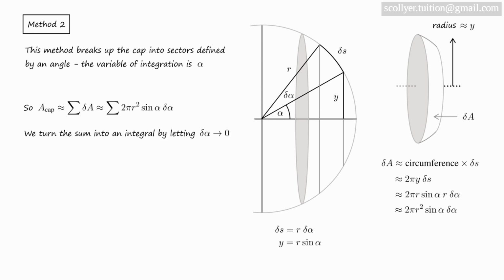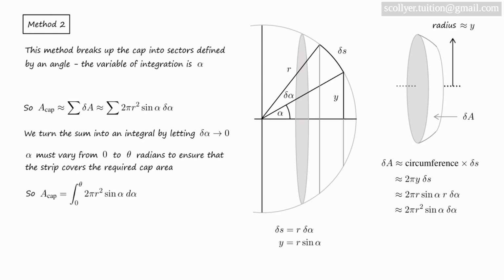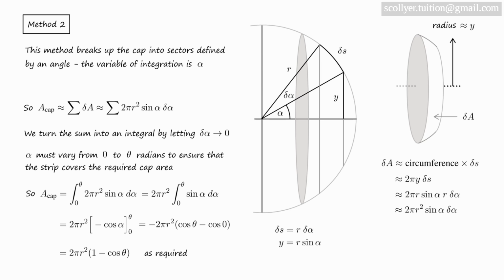And we can turn the sum into an integral by letting delta alpha tend to 0. And we note that alpha must vary from 0 to theta radians to ensure that the strip covers the required cap area. And so we have that A cap equals the integral from 0 to theta of 2 pi r squared sine alpha d alpha, which evaluates as follows to 2 pi r squared into (1 minus cos theta) as required.